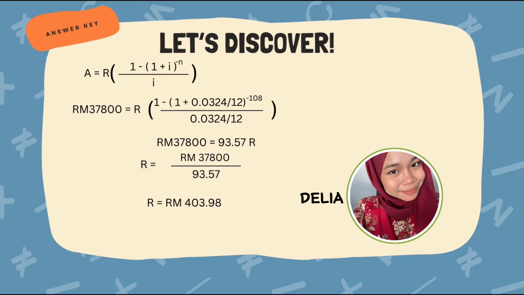So here we got 93.57 R. So to get the total payment, which is R, RM 37,800 divide 93.57. So the final answer for R, which is monthly payment, is RM 403.98 cents.